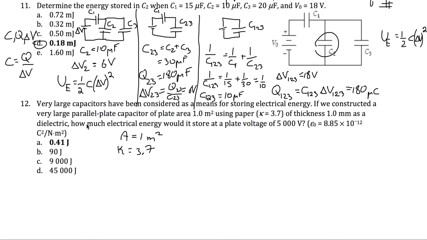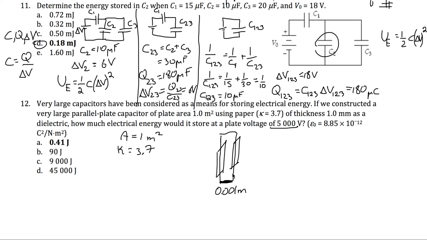How much electrical energy would it store if you had this much potential difference across the plates? The dielectric has a thickness of 1 millimeter, which means that in between the two plates of your capacitor, you have this insulating material, paper, that has a thickness of 1 millimeter or 0.001 meters.